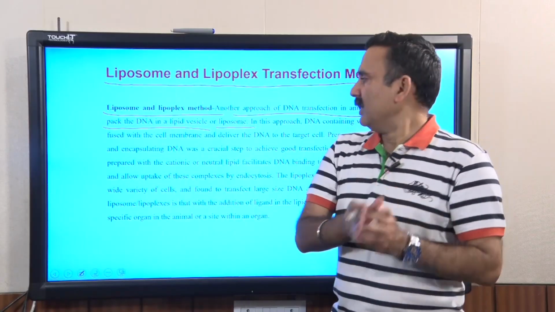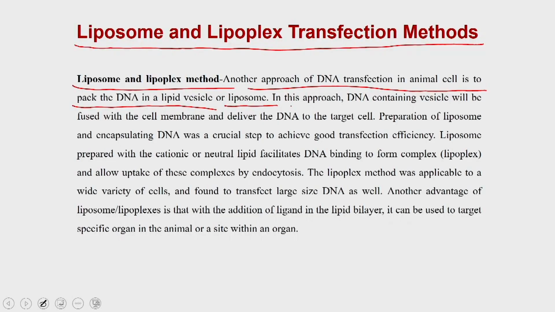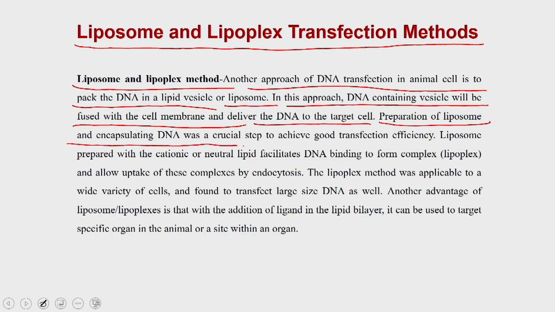So, the DNA-containing vesicle will fuse with the cell membrane and deliver the DNA to the target cells. The preparation of liposomes and encapsulation of DNA is a crucial step to achieve good transfection efficiency. Liposomes prepared with cationic or neutral lipids facilitate DNA binding to form complexes.